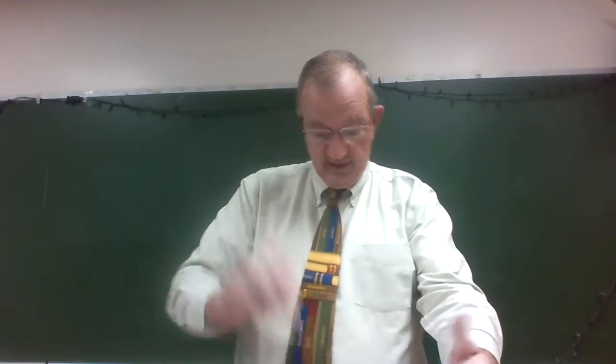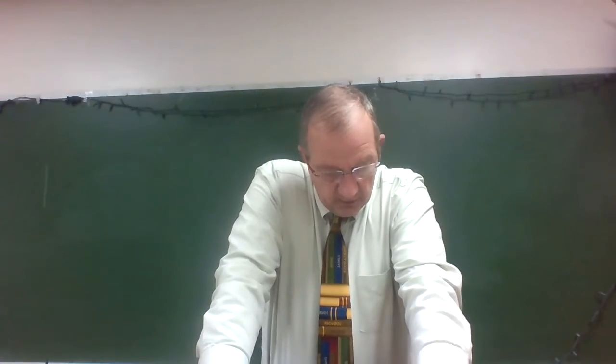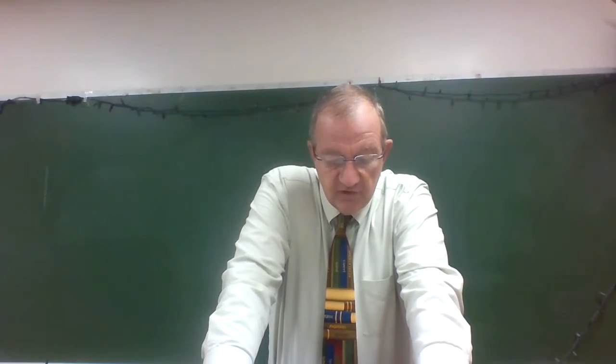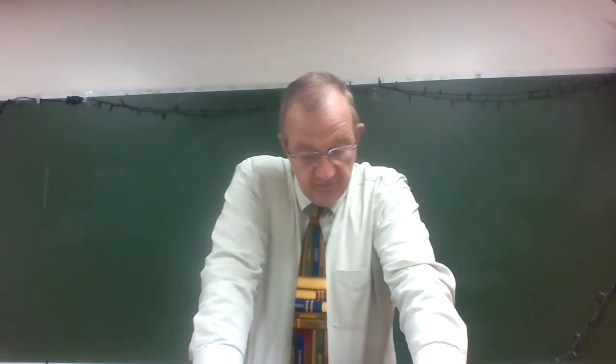Now we'll go to the homework for lesson 70. Homework for lesson 70. Number 1, you should have 3/5, 19/21, 1/12, and 1/5.